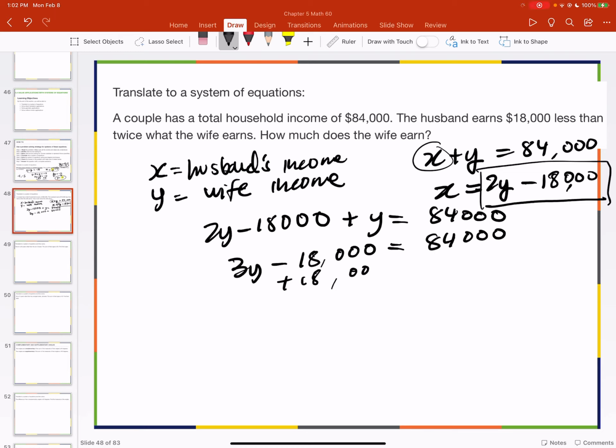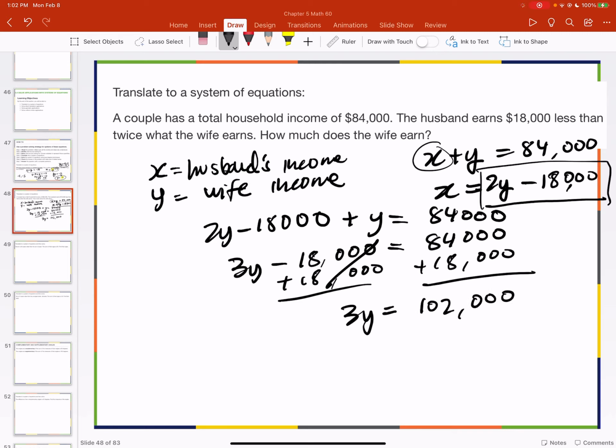So plus 18,000, and we cancel that here. 3y is equal to 102,000. So y is equal to what? This is 34,000. So that's the wife's income.